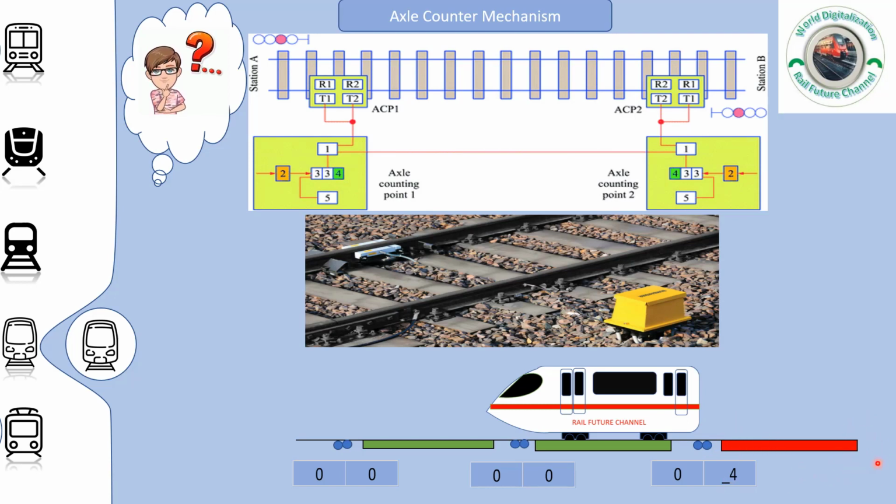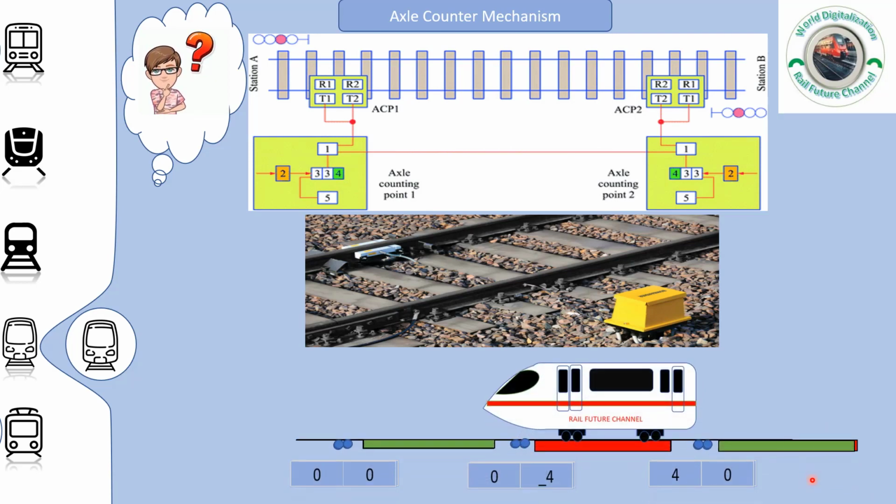So both signals are sent to the evaluation unit, which decided that the system became cleared as illustrated here.